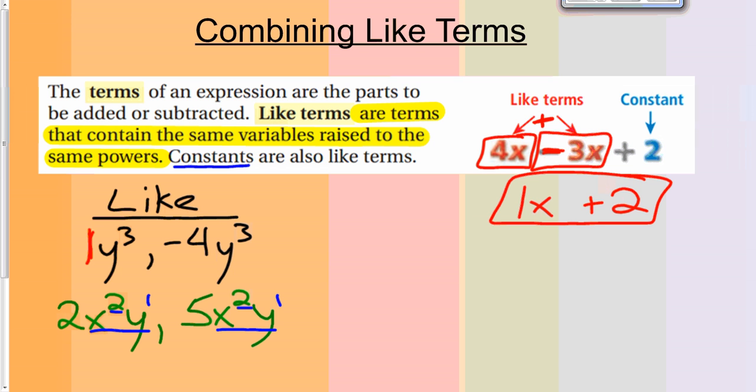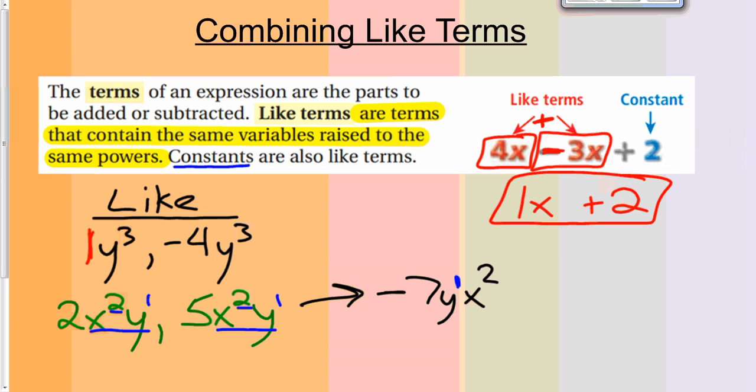One other thing to note here is, what if it was written like this instead? Let's go negative 7yx squared. Is that also like the other terms over here? It actually is, in case you were wondering. Y is still to the first power, x is still to the second power.